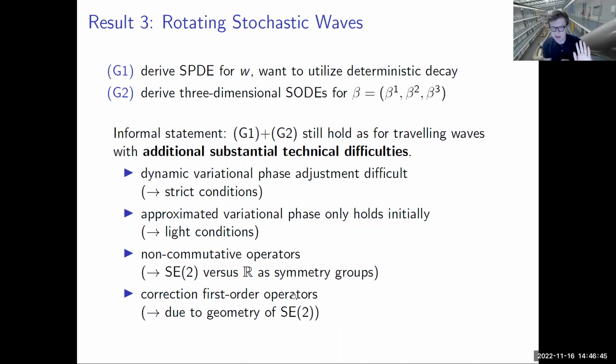But the problem with that is we needed quite strict technical conditions to get that to work. And the second one is an approximated variational phase that holds for a certain time, which is more static. It doesn't adjust the optimization problem dynamically, but it gives us lighter conditions, but it only holds for shorter timescales.